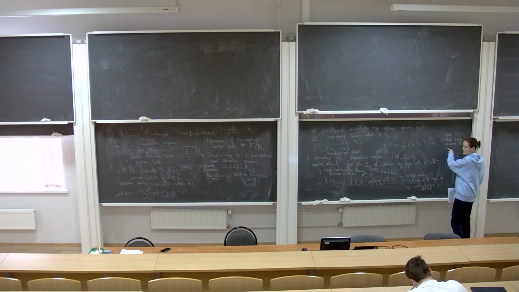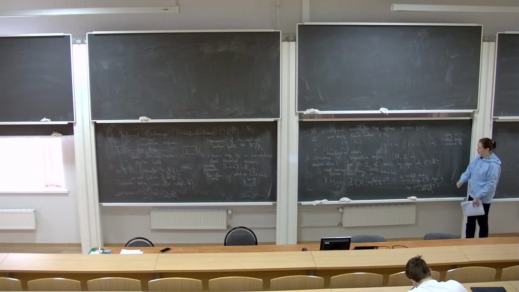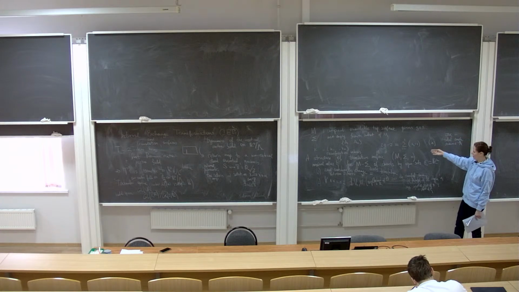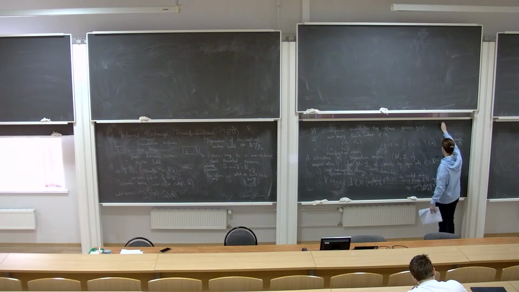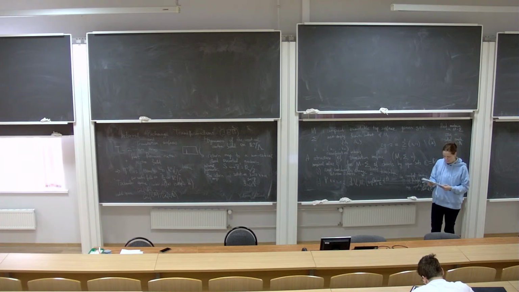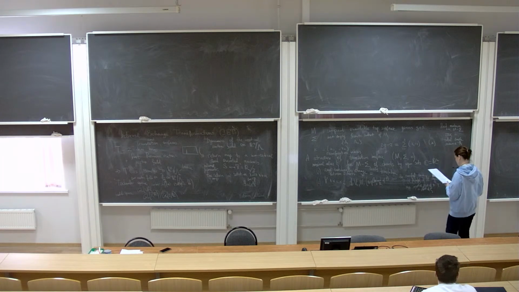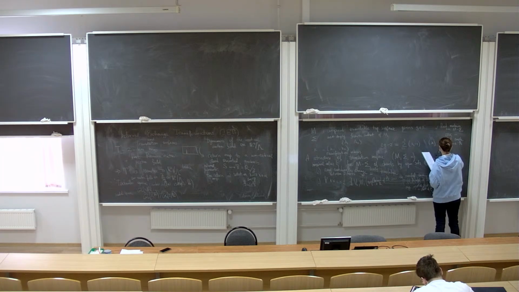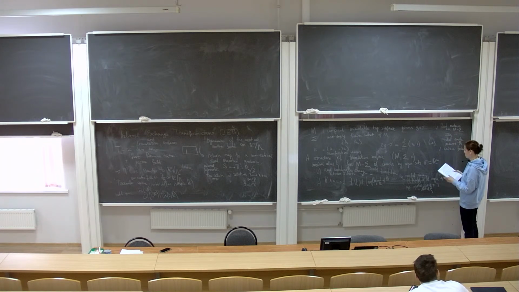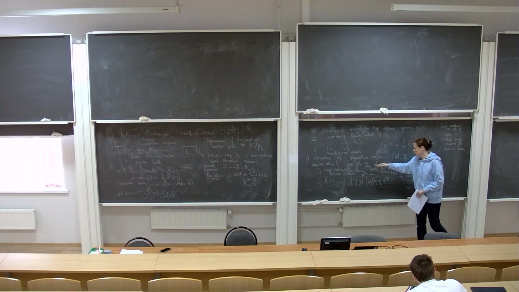So this is the price we have to pay for the fact that on the one hand we want to have high genus, and on the other hand we want to have a flat metric almost everywhere. And then we have an area form. So this area form can be smoothly extended from this part to the singularities.